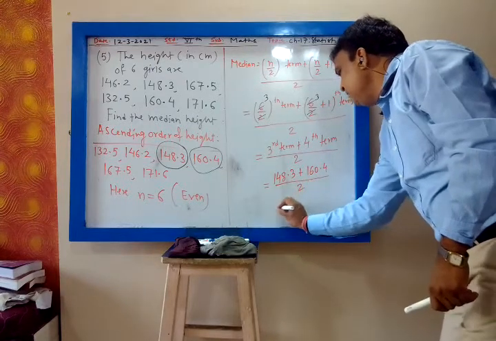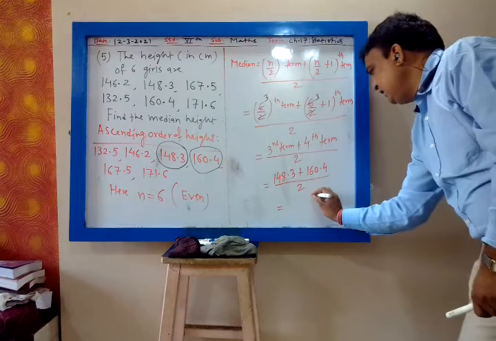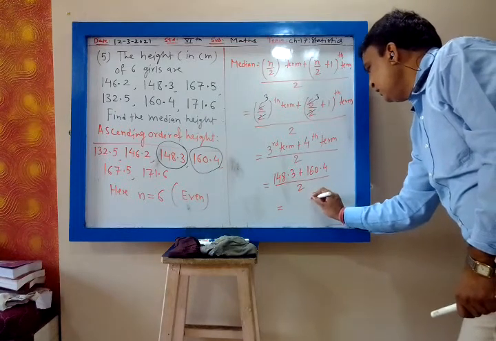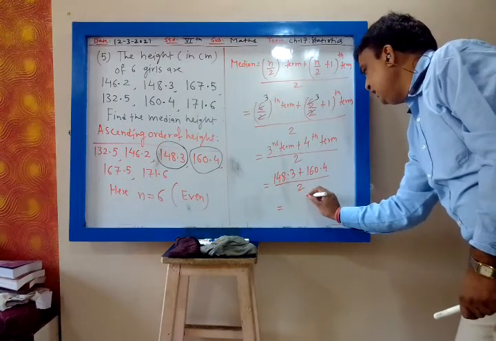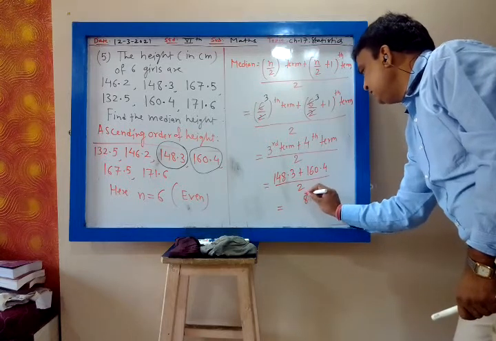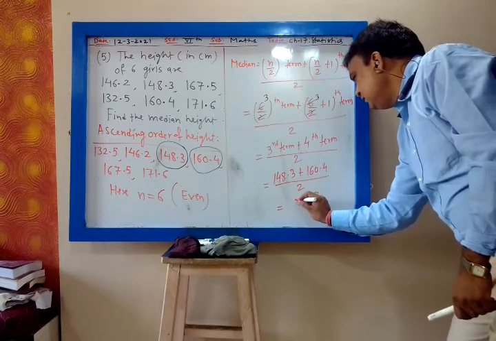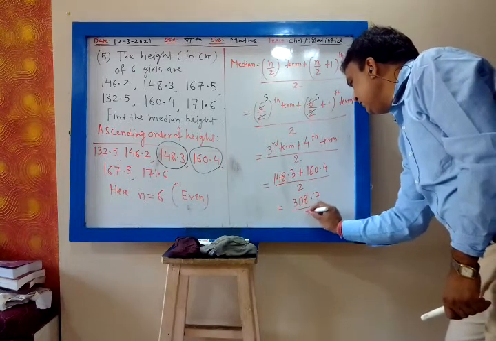So you add them. 4 plus 3 is 7, then 0 plus 8 is 8, 6 plus 4 is 10, 308.7 divided by 2.